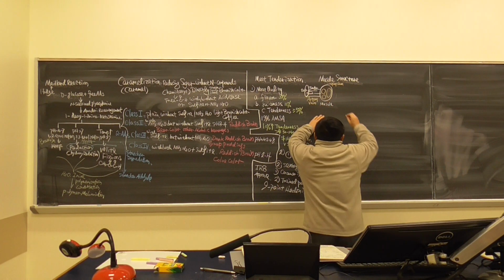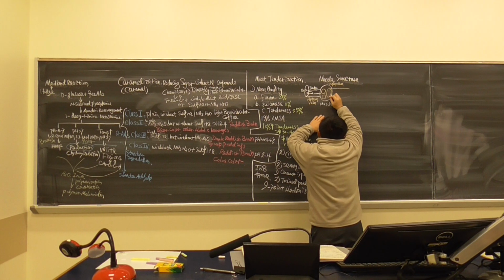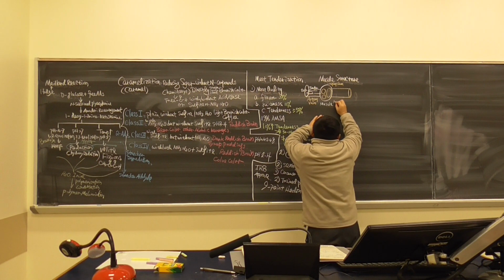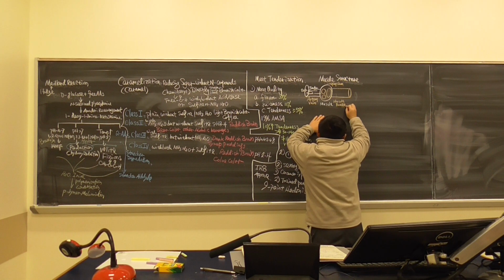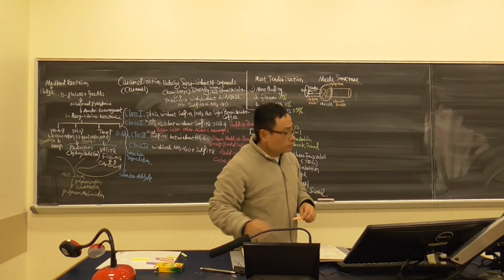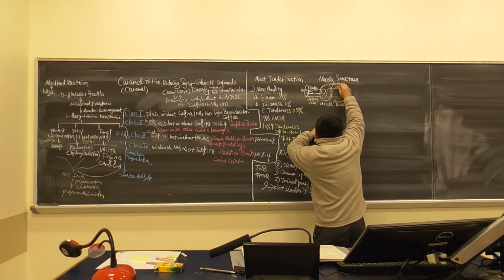Then if you take one chunk out, it will be like this. This is called a muscle bundle. Then the muscle bundle is also packaged with a film, which is called perimysium.